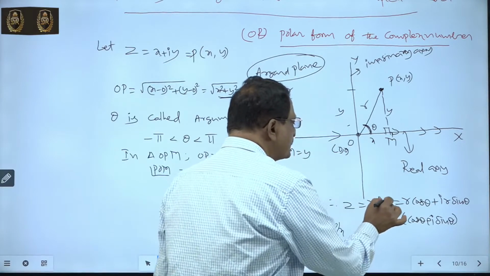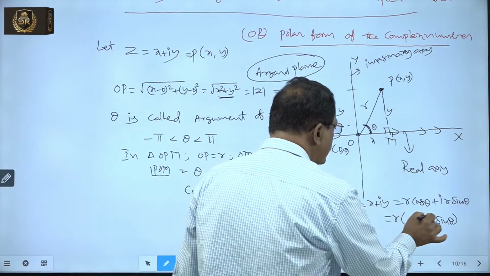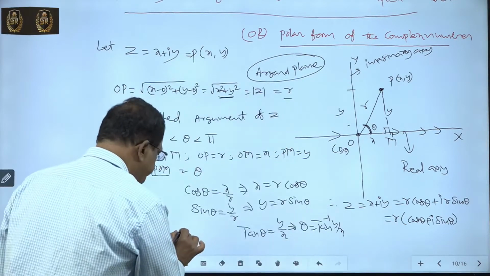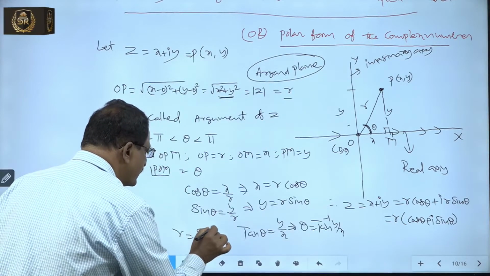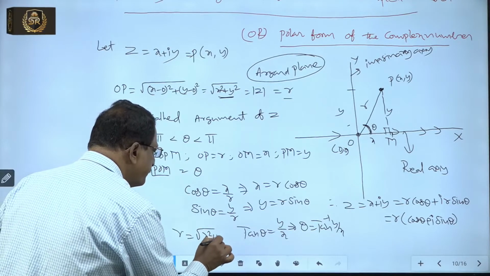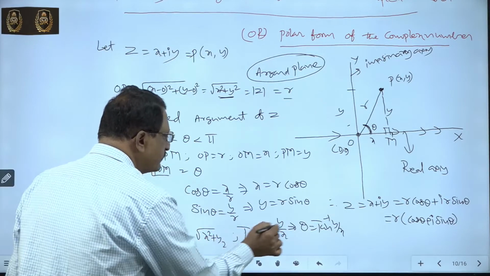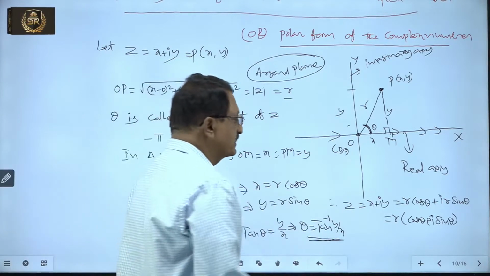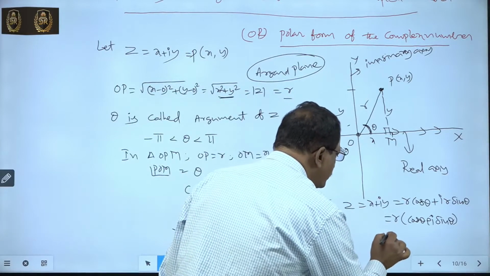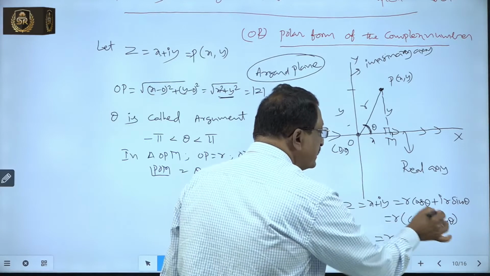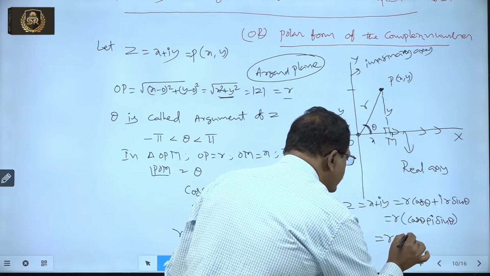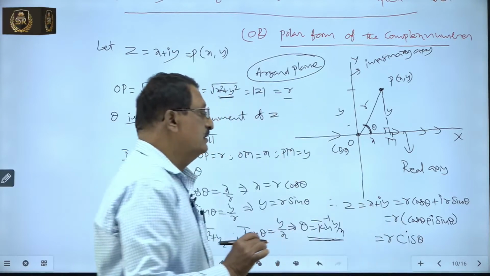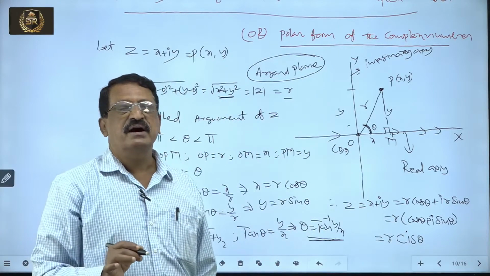Now x plus iy equals r into (cos theta plus i sin theta), where r is always the square root of x square plus y square, and theta equals tan inverse y by x. It is also denoted by r cis theta, where cis theta is nothing but cos theta plus i sin theta.